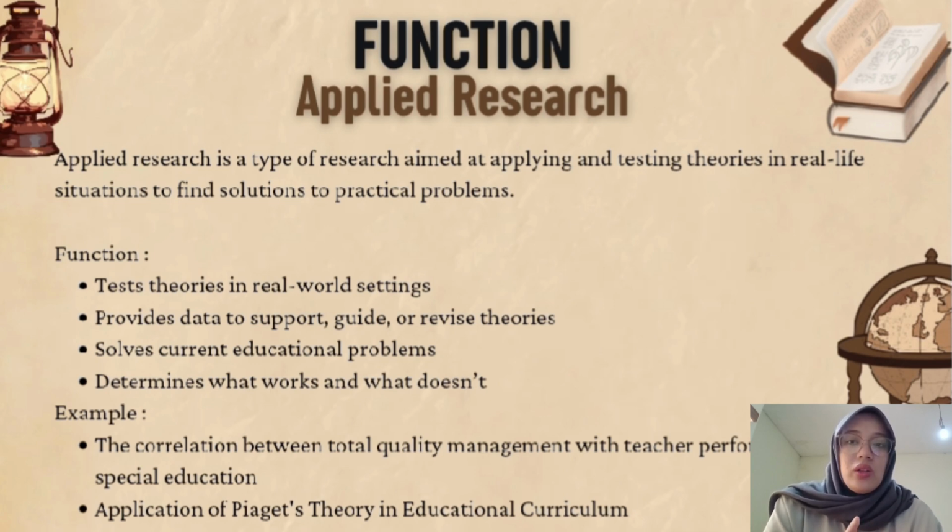So the goal is to find a solution in improving the quality of teaching. So that's why this research becomes applied research. And also the second example is Applications of Piaget's Theory in Educational Curriculum.